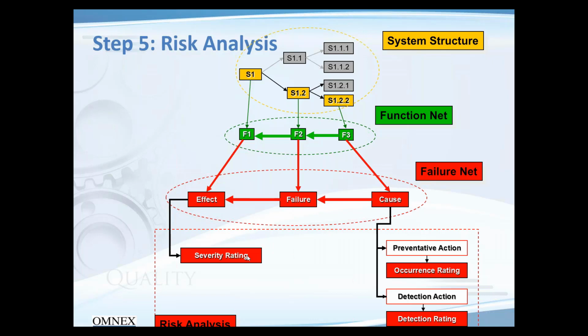And then the way that the failure net works out, the causal part of it would be what I'm working at the component level. Now there also could be things done at the tier 1 level, but a lot of the focus is on this component subsystem system level failure. So there would also be this preventative action and detection at the failure mode level also.